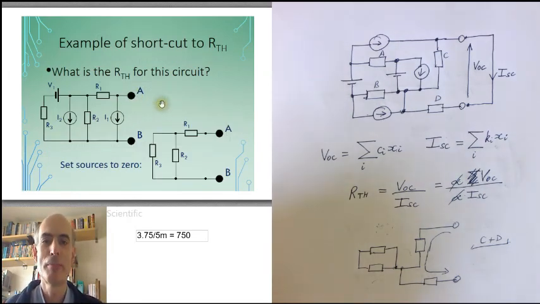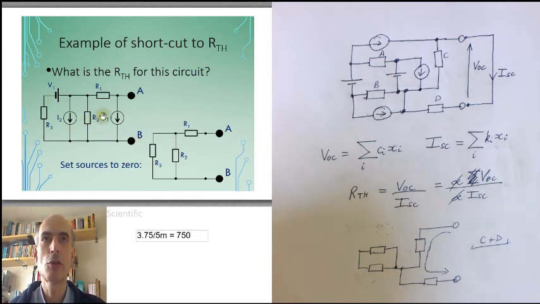Here's another example of applying this technique. If I set the independent sources in this circuit to 0, the current sources would just disappear from the circuit because they just behave like open circuits, nothing. The voltage source would appear to be a wire. A 0-volt voltage source just behaves like a wire.